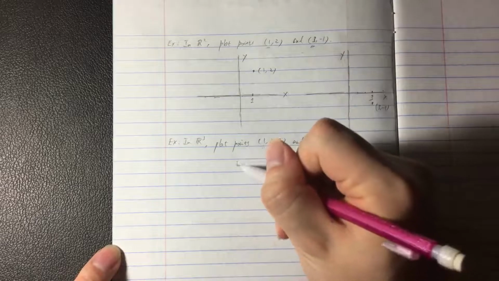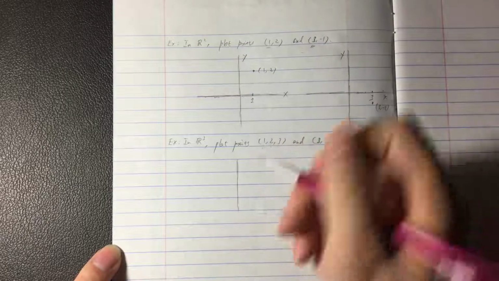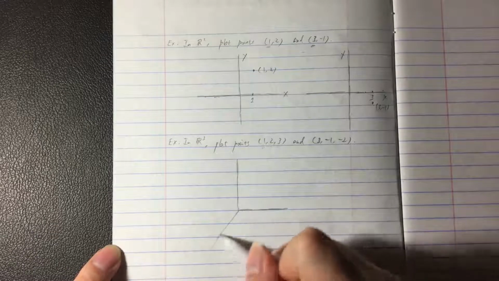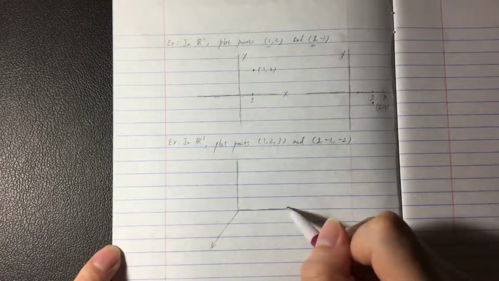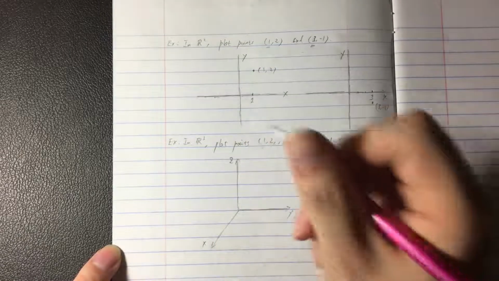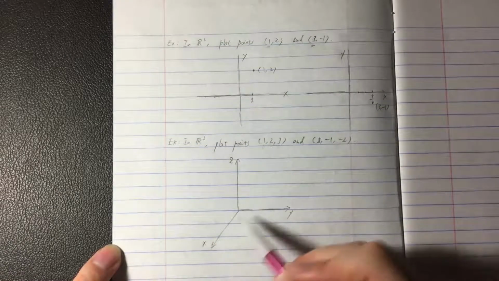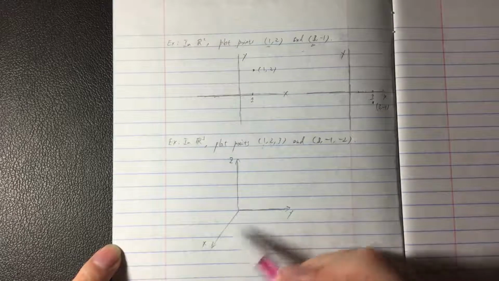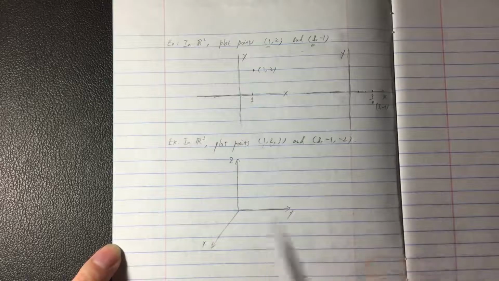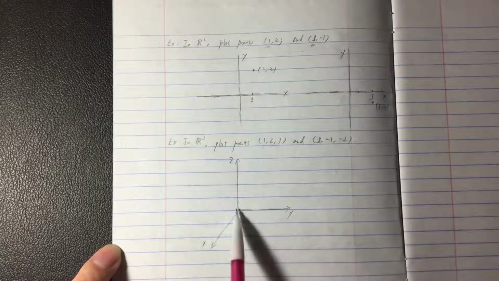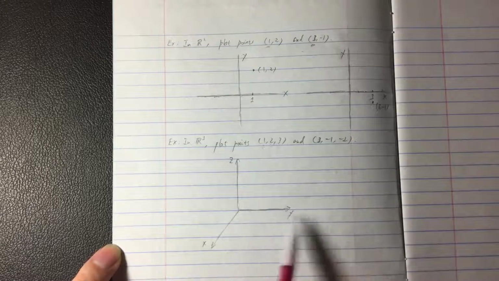Let's draw the coordinate axes first. That's the x, y, and z axes. The direction going outward toward us is the positive x-axis. The horizontal axis going to the right is the positive y direction.